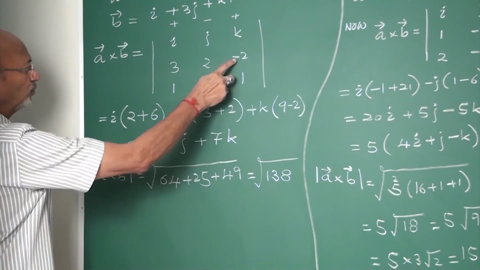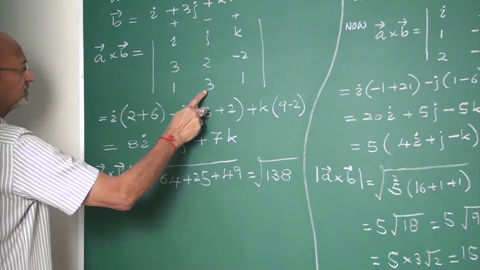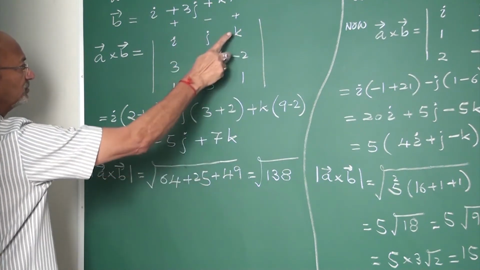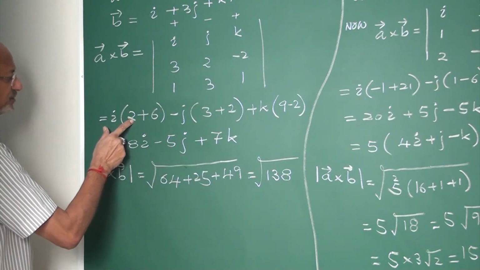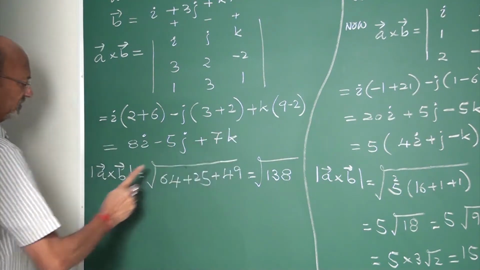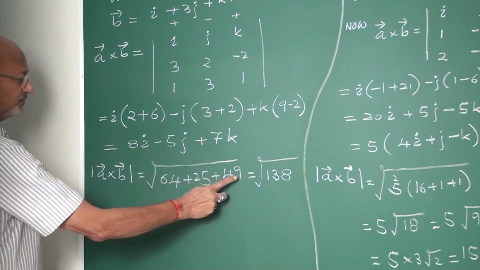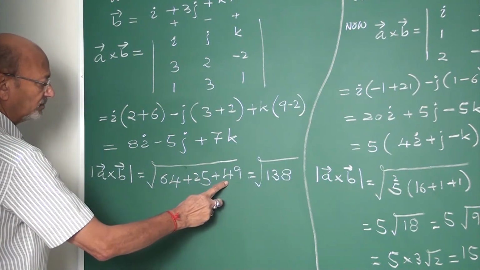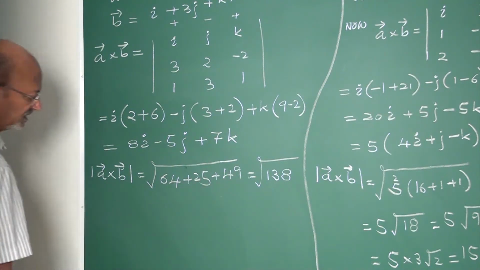This is 2 plus 6, minus j into first row, second column: 3 plus 2, plus k into first row, last column: 9 minus 2. 6 plus 2 is 8, 3 plus 2 is 5, 9 minus 2 is 7. Magnitude: square, square, square.